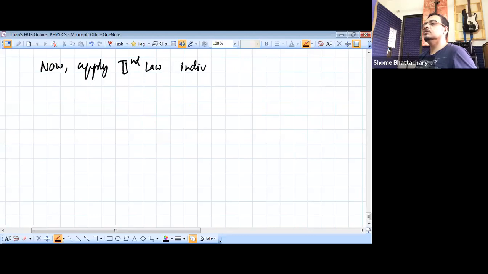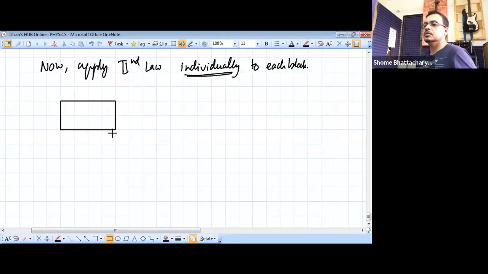Now the next thing is to apply Newton's second law individually to each block. So this is where the application of what we learned the last time comes in. Every action has an equal and opposite reaction.